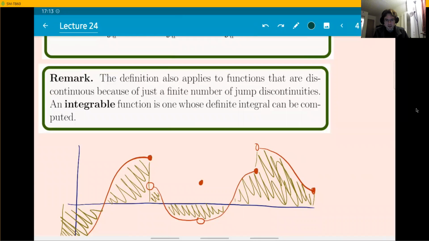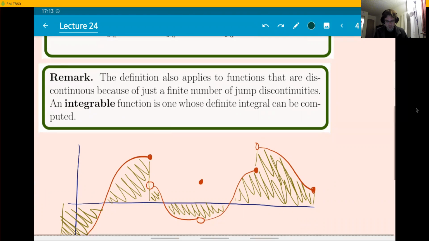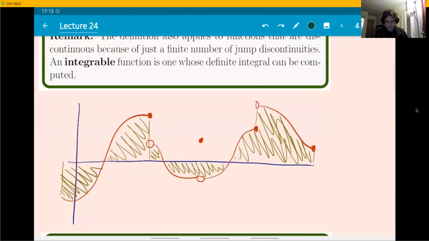So functions like that can also be integrated, and we call them just integrable functions, whether continuous functions or maybe discontinuous only with a finite number of jumps. So in this case, this function here, let's say you're going to be integrating between this number a and this number b. You see that you can still define the area between the x-axis and the curve.